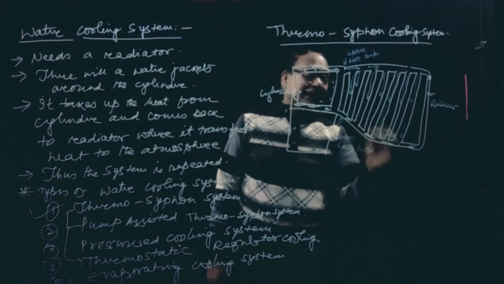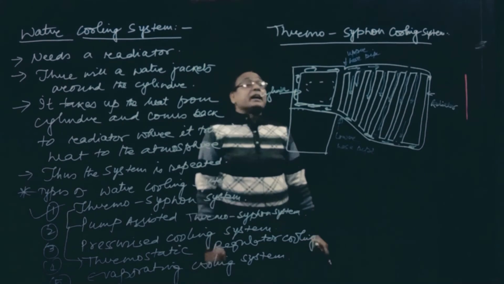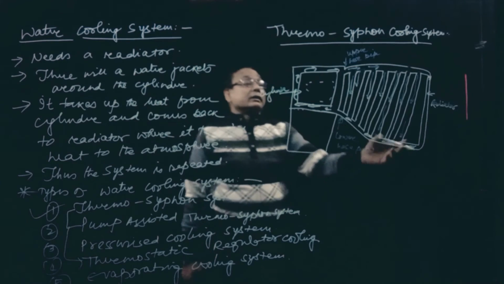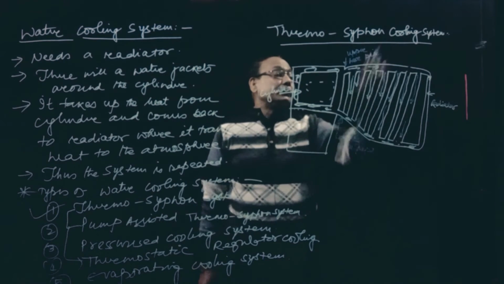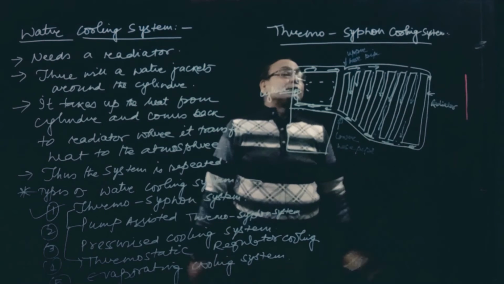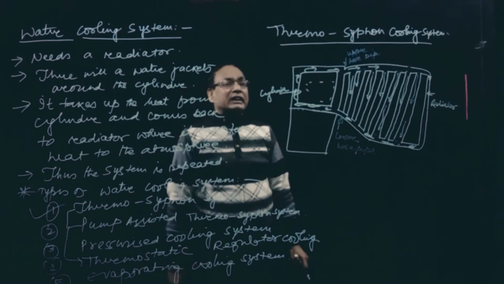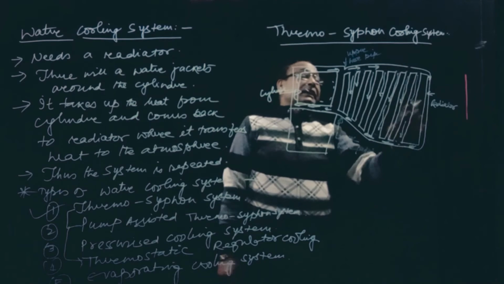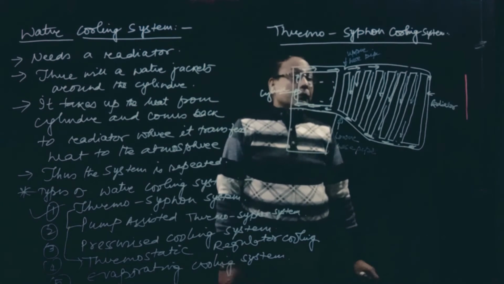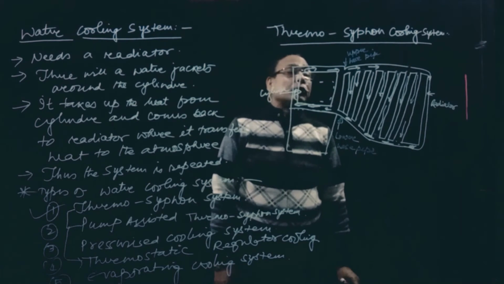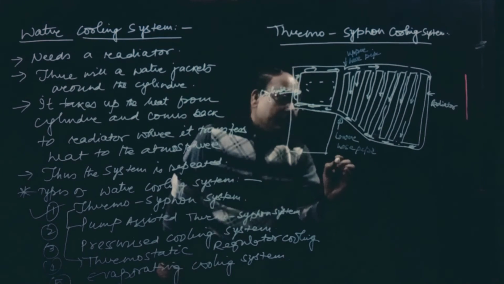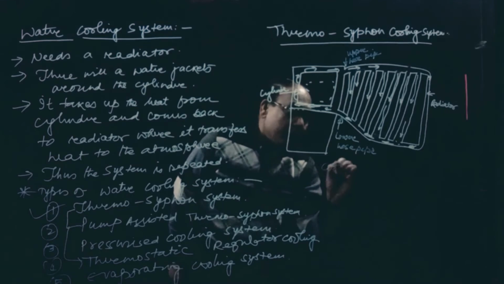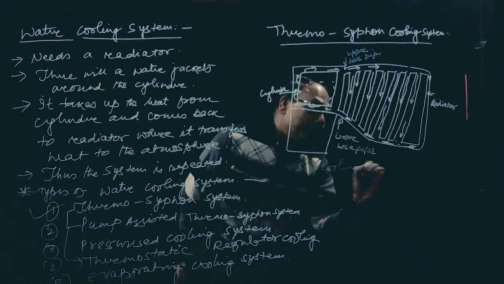This is radiator, okay. So this thermo siphon cooling is used, heat is taken from the cylinder coming to the radiator where heat is exposed to the atmosphere, it becomes normal condition and this temperature should not fall more than 80 degrees, so the cooling is done.